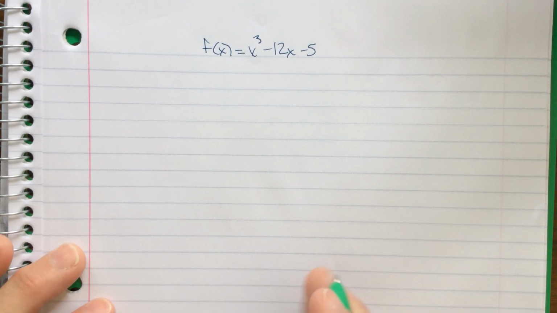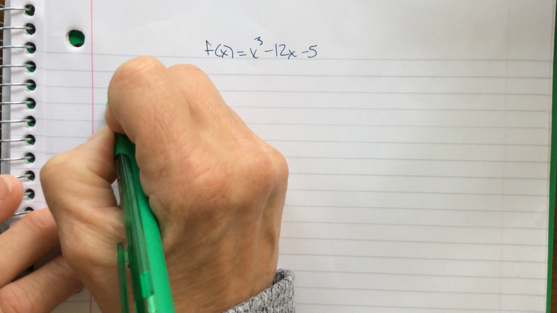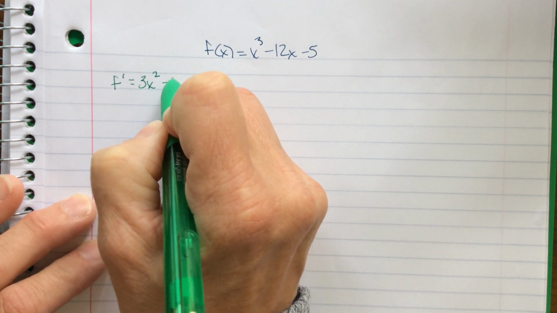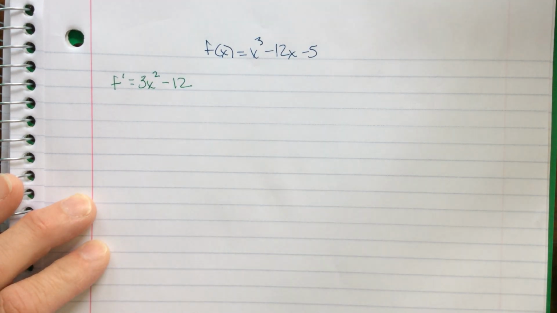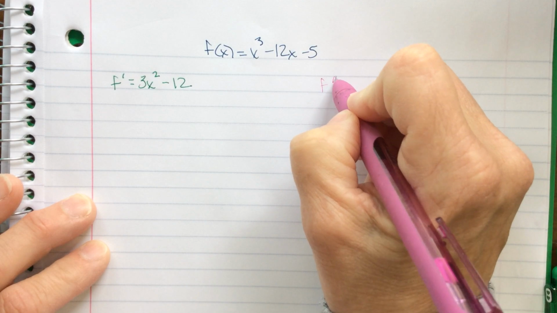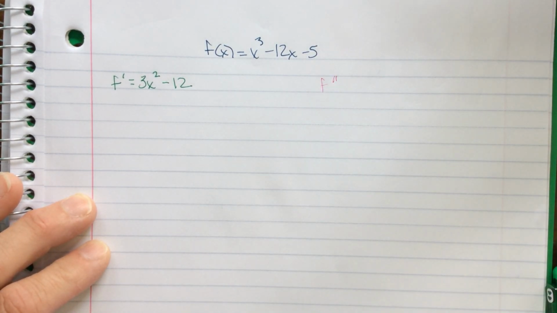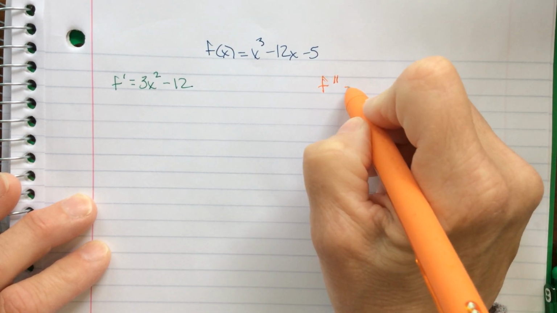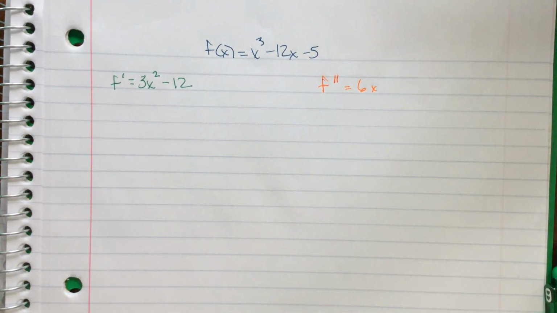The first derivative, f prime, is going to equal 3x squared minus 12. And the second derivative, f double prime, will equal 6x.